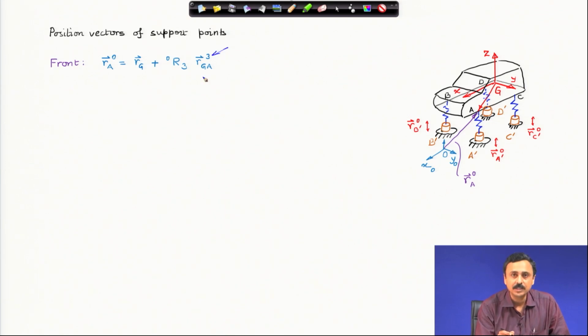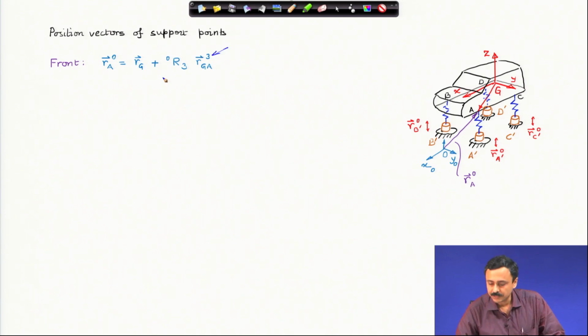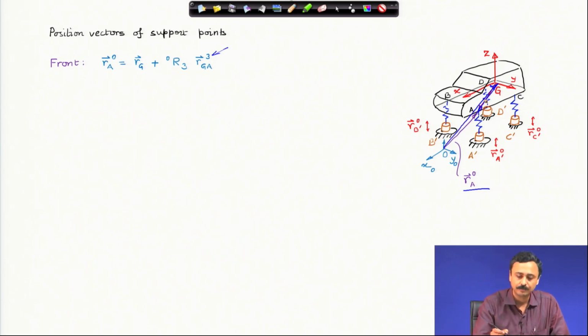That can be transformed to the 0th frame, or the ground fixed frame, by using this rotation matrix. Therefore, I can obtain the position vector R A in frame 0. It is this vector up to G plus this vector, everything written in the 0th frame.